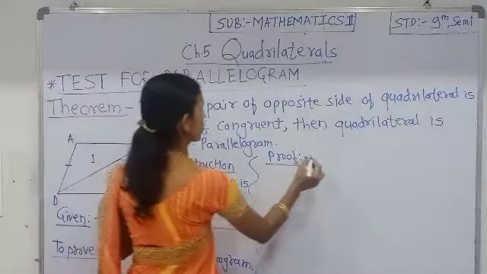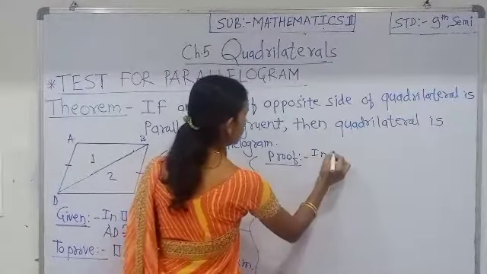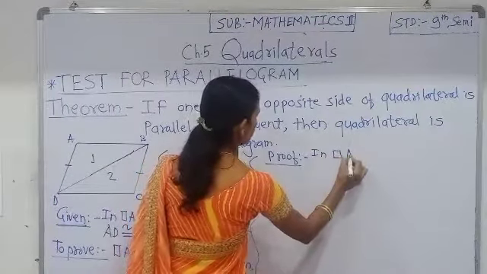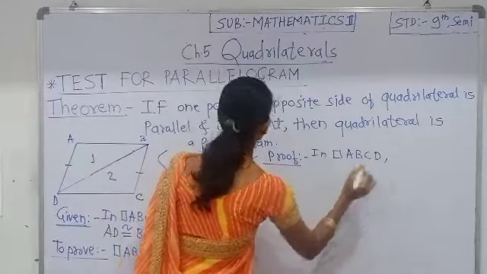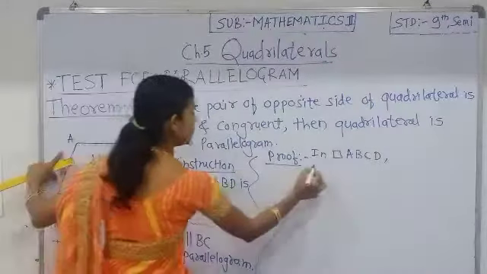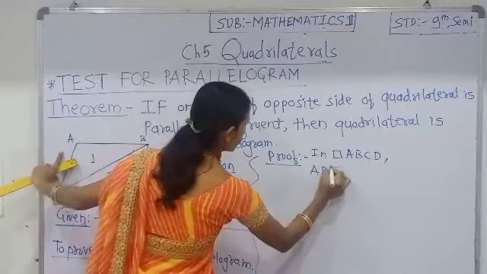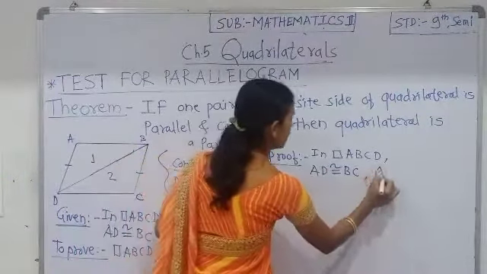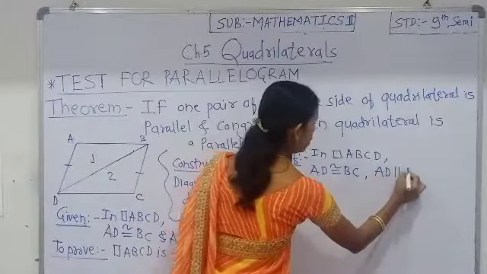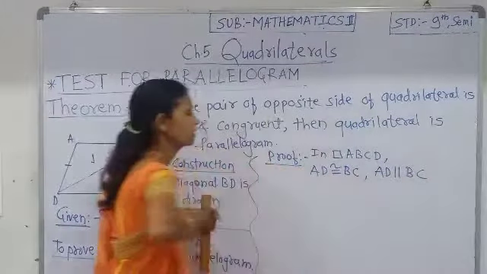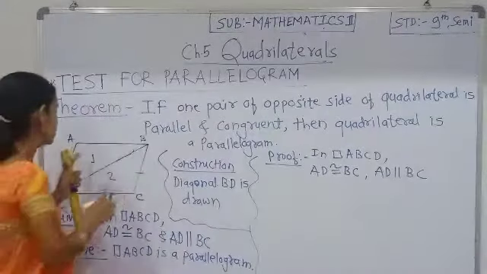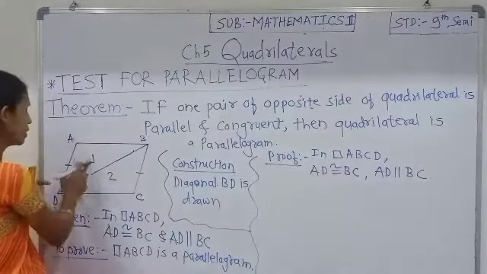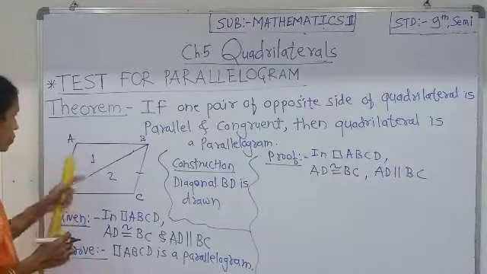In quadrilateral ABCD, AD congruent BC is given, as well as AD parallel BC. Because of the diagonal, two triangles are formed.